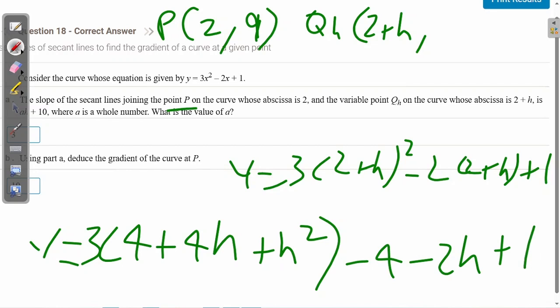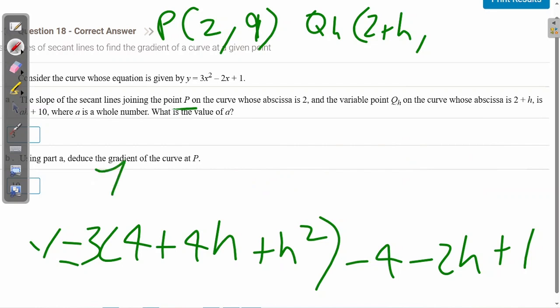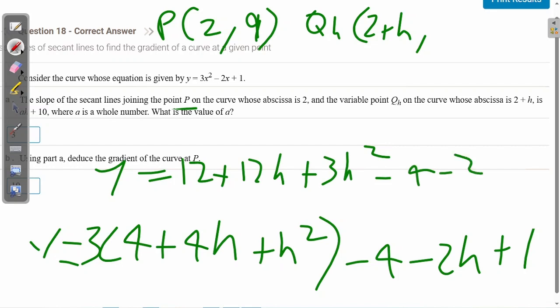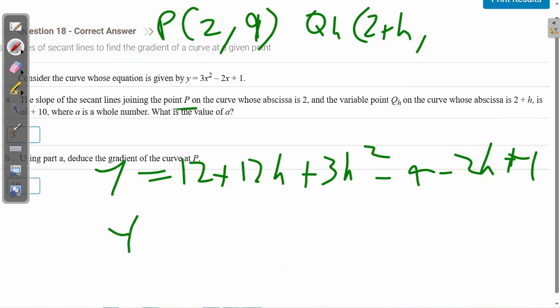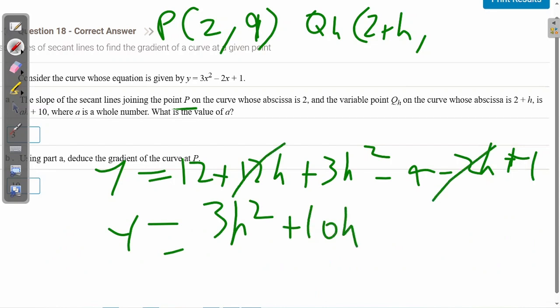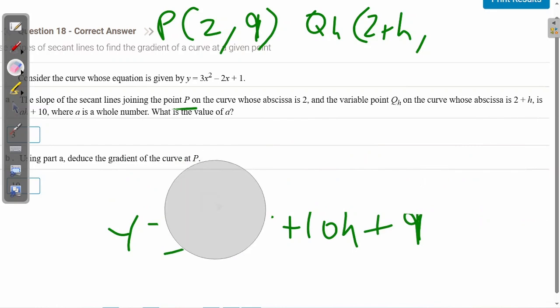Then distribute even more. y equals 12 plus 12h plus 3h squared minus 4 minus 2h plus 1. Continue simplifying. y is equal to 3h squared plus 10h, and 12 minus 4 plus 1 is 9, and this is the final y.